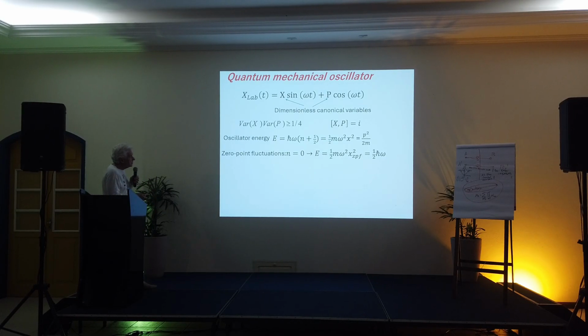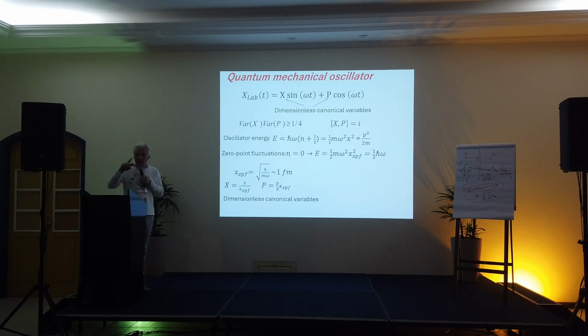So one can calculate the size of the zero-point fluctuations, because you can just take the energy of a normal oscillator and equate it to one half of h bar omega, which is the zero-point energy. And if you do this simple arithmetic, then for the oscillators that we have, which I will show you in a minute, you'll get about 1 femtometer, the size of those zero-point fluctuations.